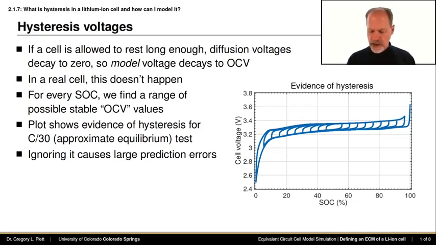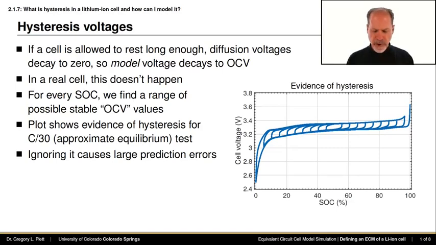Well, according to this, 3.3 volts could correspond to any state of charge in the battery cell, even at rest, between about 10% state of charge and about 90 or 95% state of charge. Which means if we measure 3.3 volts and we don't have a model of this phenomenon that we're showing here, it could be almost any state of charge. And voltage does not tell us very much information about what the state of charge actually happens to be.